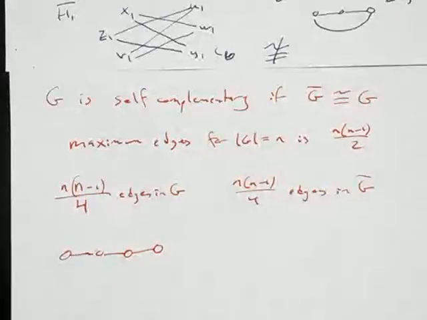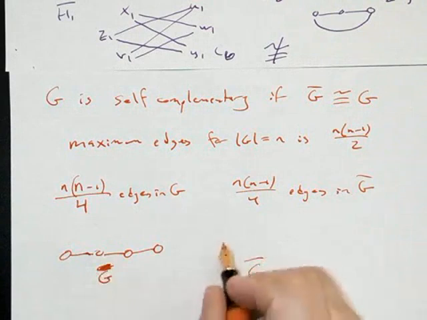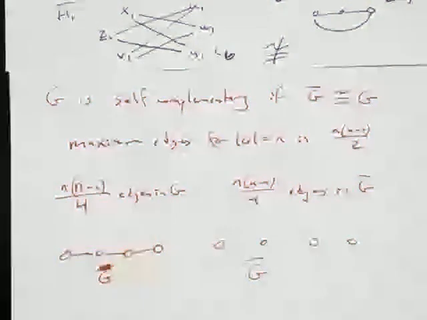Four vertices. What's the complement of that? Where do I put the edges on G bar?